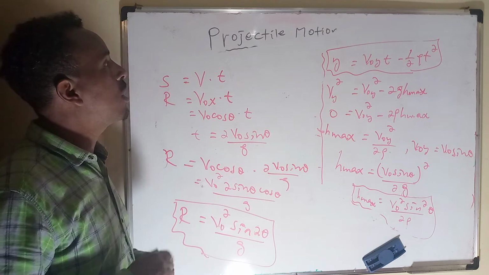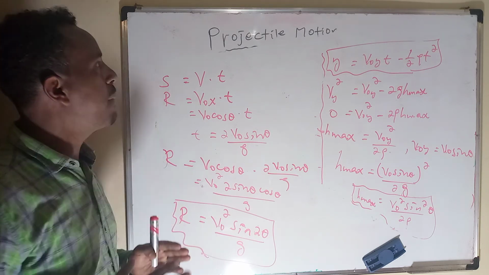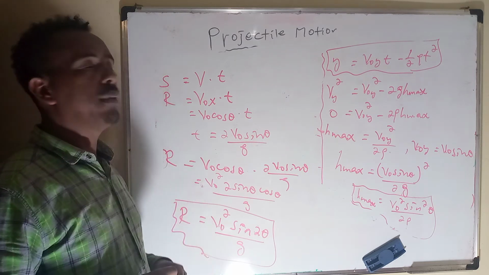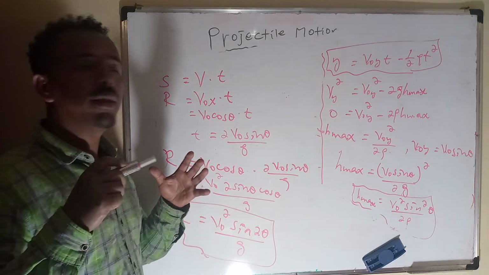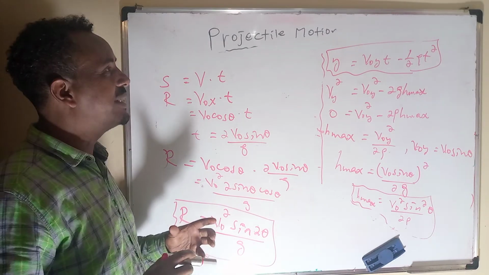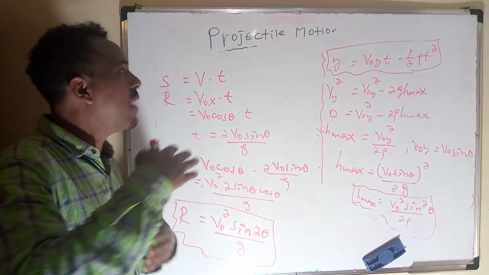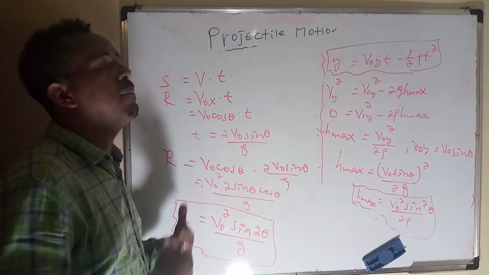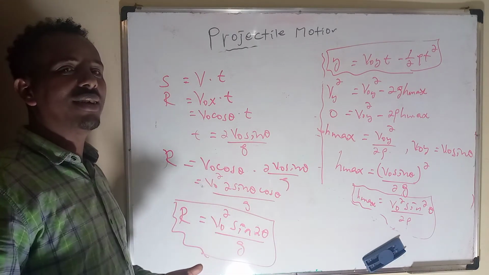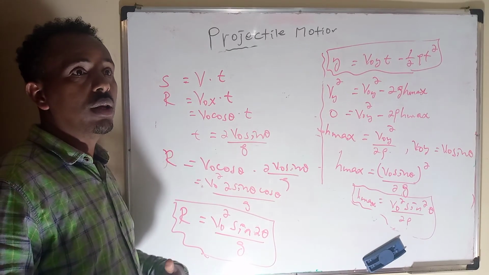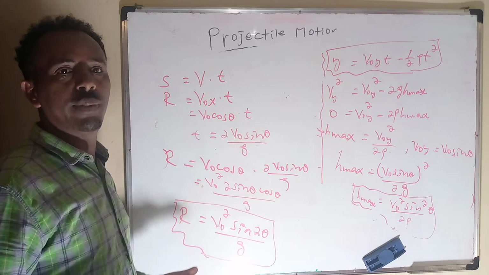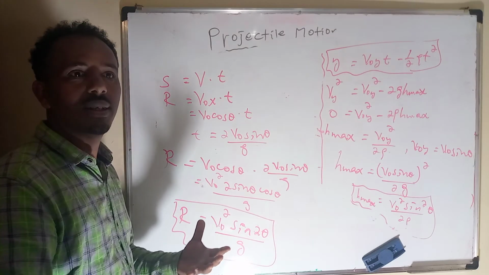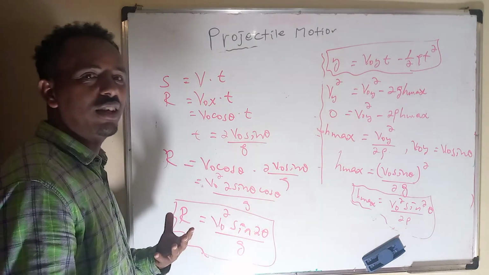Because projectile motion is kinematics. As long as it is kinematics, any kinematics is described by acceleration, velocity and displacement. Kinematics is the part of mechanics that studies motion without its cause. By what velocity that object is moving, what displacement, what is the acceleration of the object.